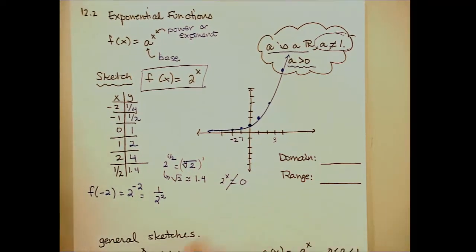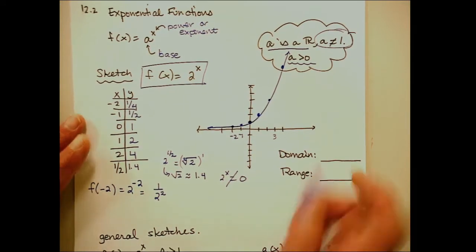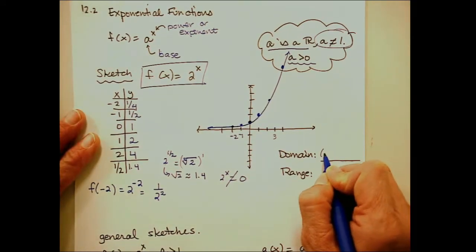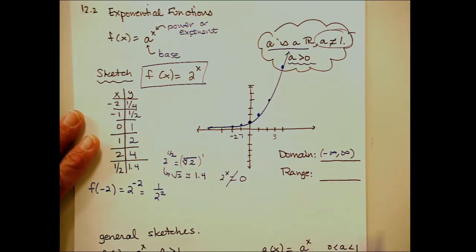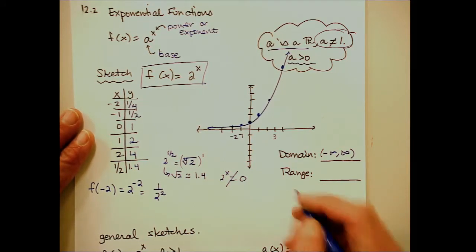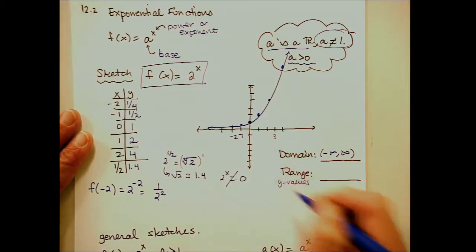So now let's talk about the domain. What kind of x's did we plug in? Positives, negatives, fractions, right? We did them all. So the domain is all real numbers, which in interval notation, remember, we write like this: negative infinity to positive infinity with parentheses. My range, remember range is y values, and you'll notice I do not have any negative y values.